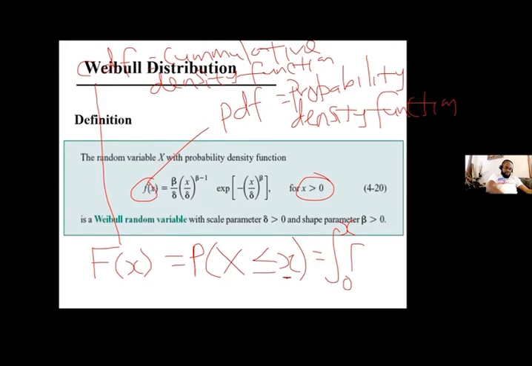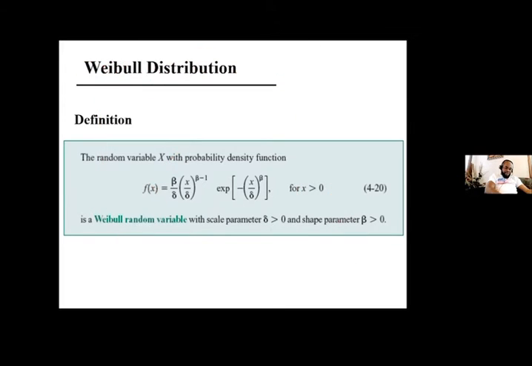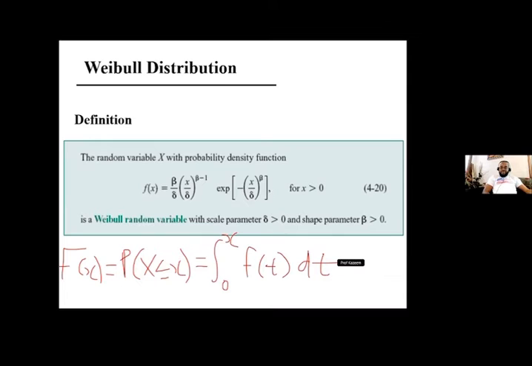So what I want to find now is the CDF, which is the probability of X less than or equal to small x. I want to go from 0 to x, then I'm going to use small f of t, dt.